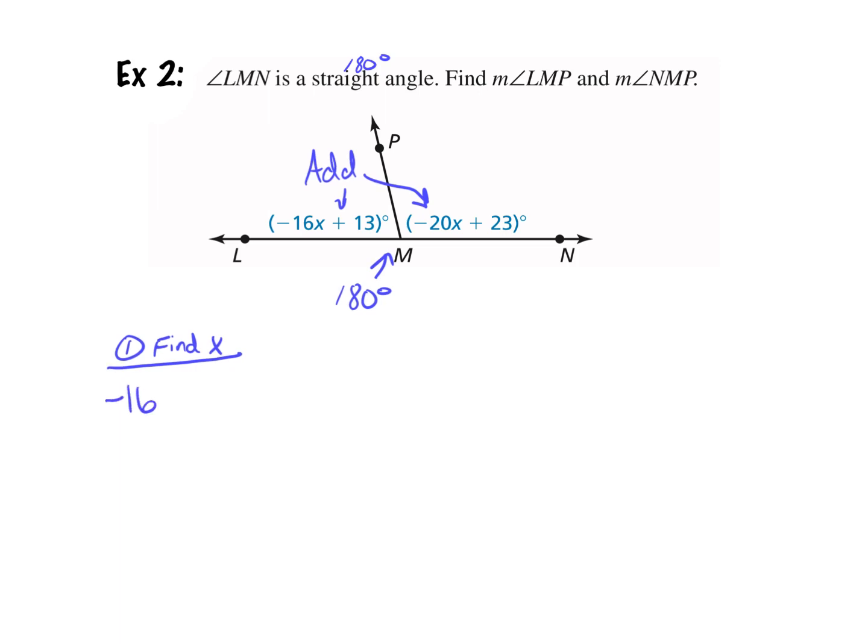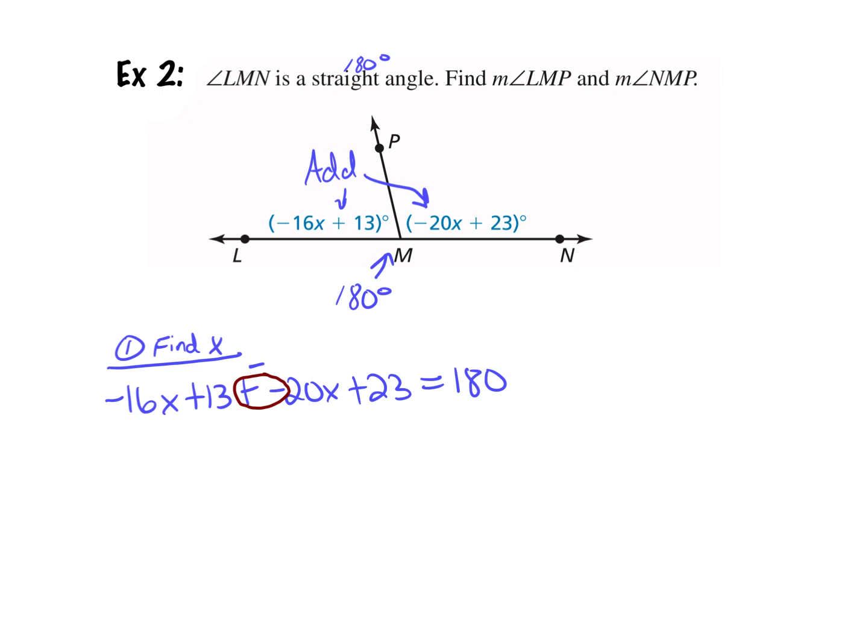So it's negative 16x plus 13 plus negative 20x plus 23 equals 180. Right here, this plus and minus. When you have the positive and negative right next to each other, what do they make? Negative.